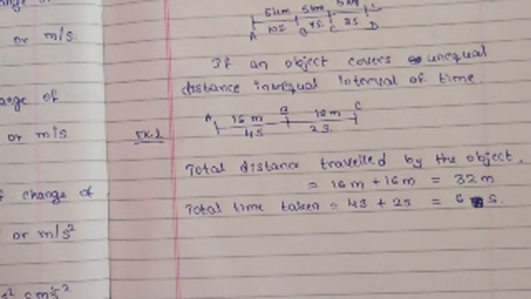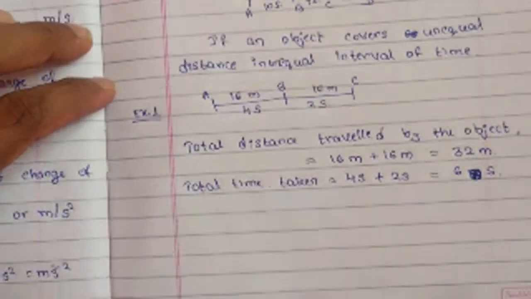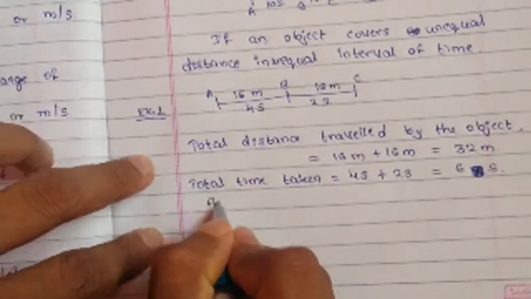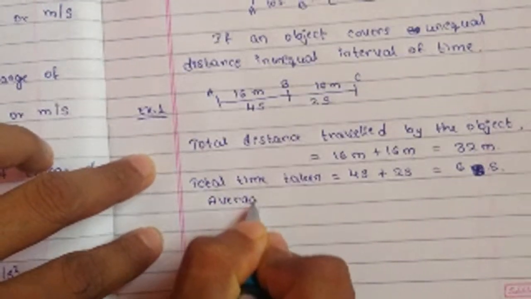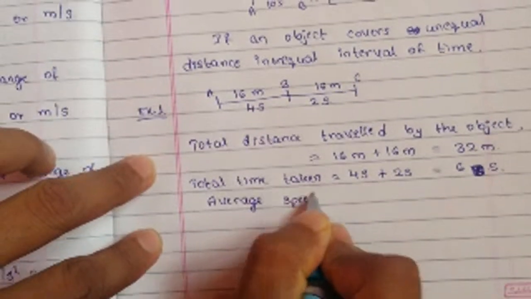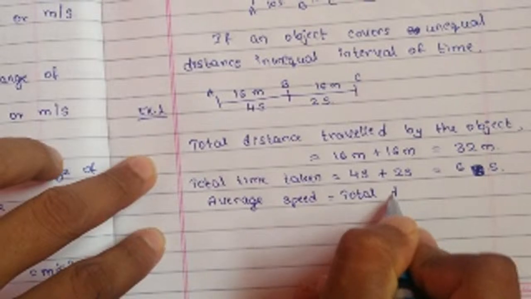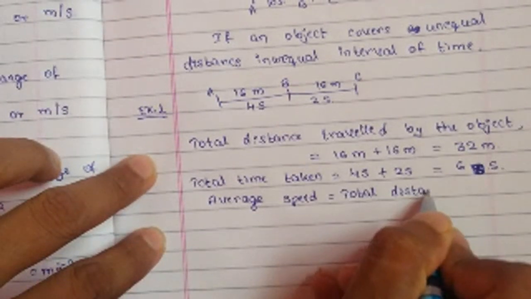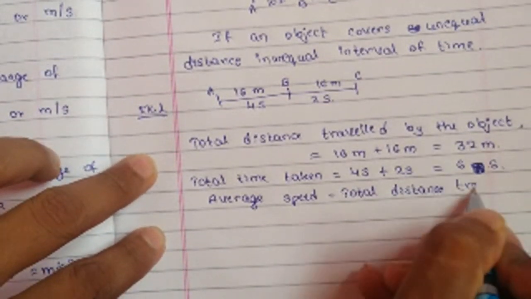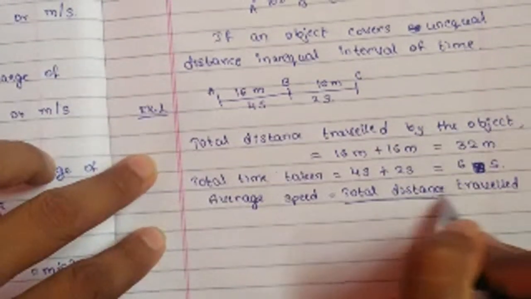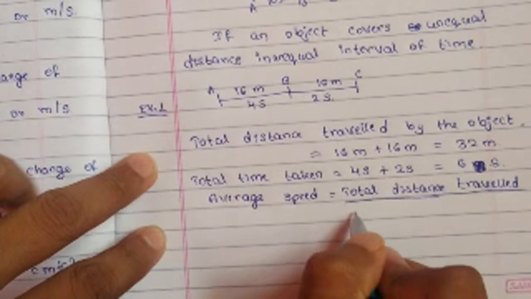Therefore now we have to find out the average speed. Average speed is equal to total distance traveled divided by total time taken.